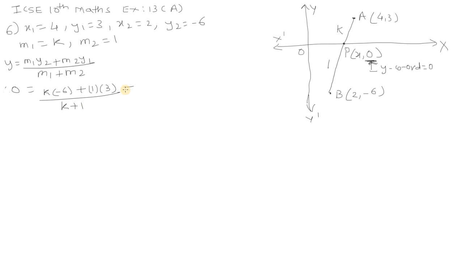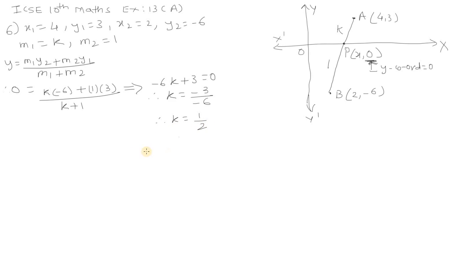If we cross multiply, we get -6k + 3 equal to 0, which means k equal to -3 by -6, which implies k equal to 1 upon 2, right?